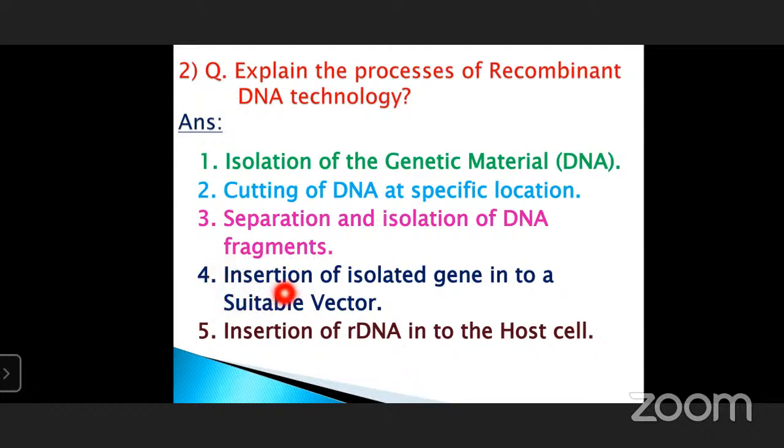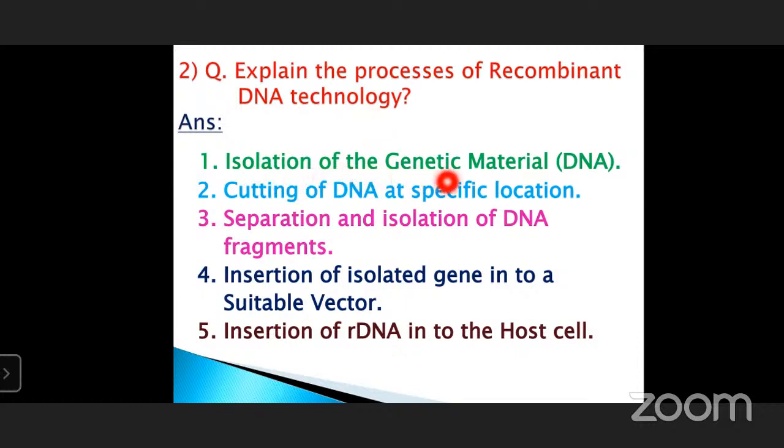The fourth step is insertion of the isolated gene into a suitable vector. And the fifth step is insertion of rDNA into the host cell. These are the 5 major steps in the process of recombinant DNA technology.